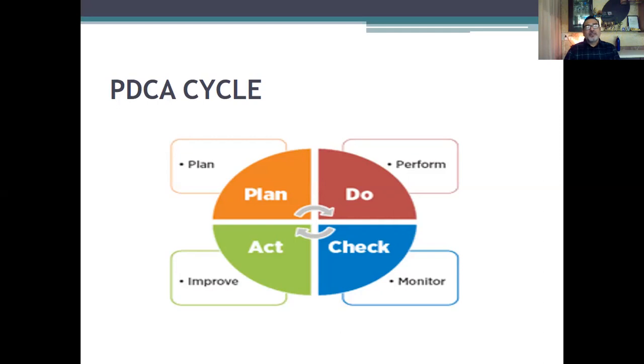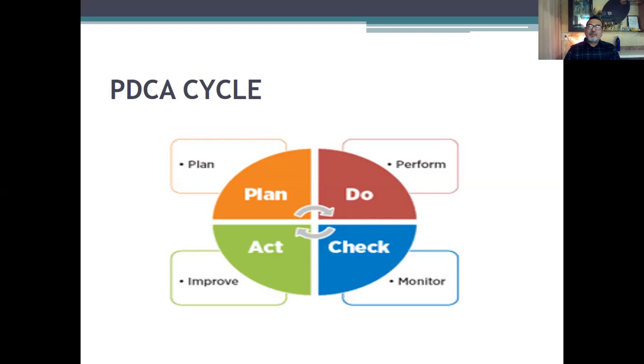Do, the implementation of the planned process. Check, the monitoring and measuring of results versus the environmental policy, including all commitments, objectives, criteria, and the reporting of them. Act, the consequent actions taken to ensure continual improvement.